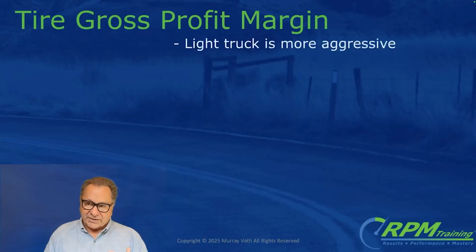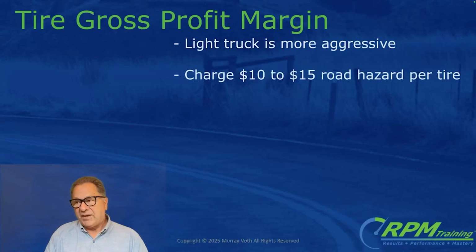Now, in addition to that, it depends on the marketplace. Light truck can be a little more aggressive. There are some people still getting 28 to 30 on light truck tires. There's also a concept of an in-house road hazard program where this is probably a little low. I would probably go $12 to $20 on tires today per tire that they pay when they buy the tire.